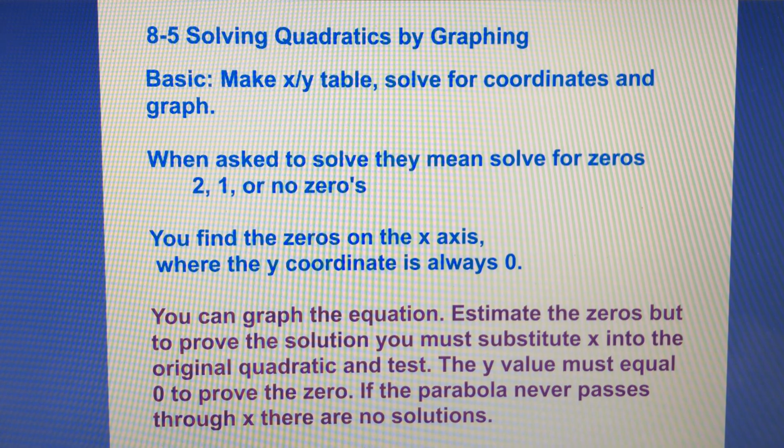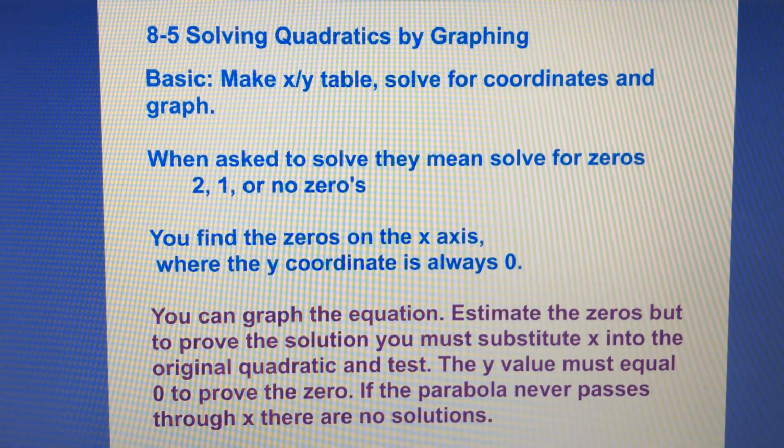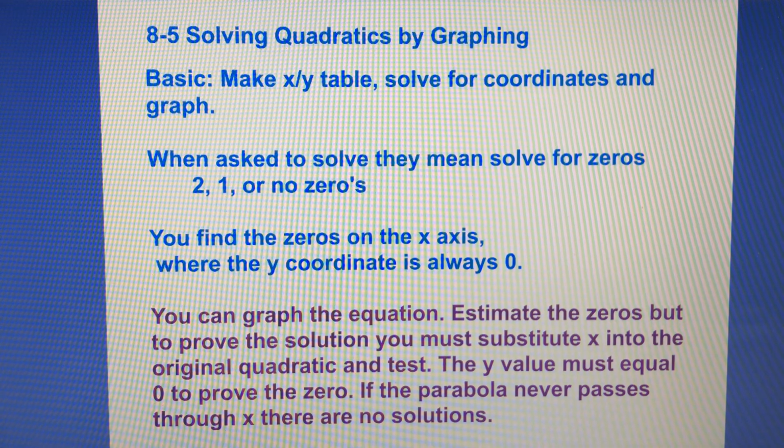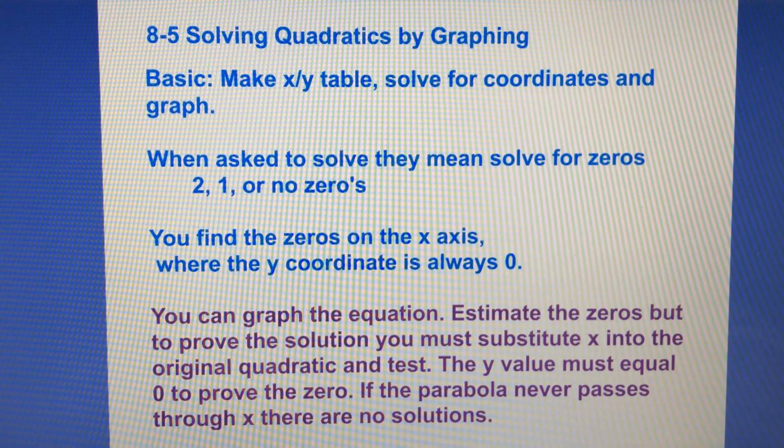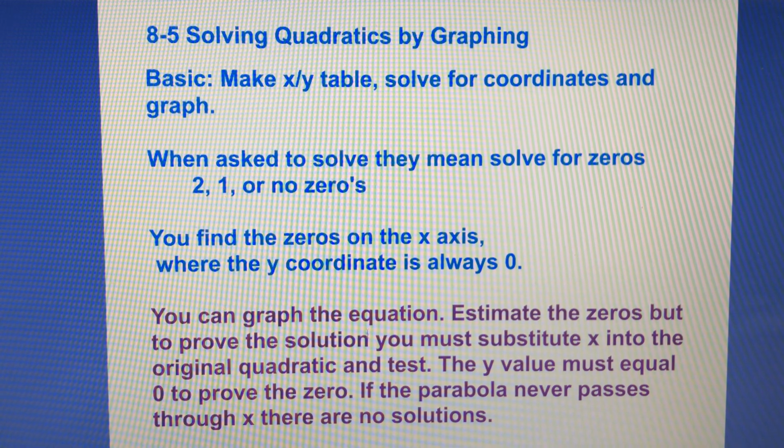And of course, on a graph, that could be subjective because it's very difficult to be precise. That's why we prefer algebra with equations. But that's okay. We're in algebra and it's coming. You find the zeros on the x-axis where the y-coordinate is always 0.